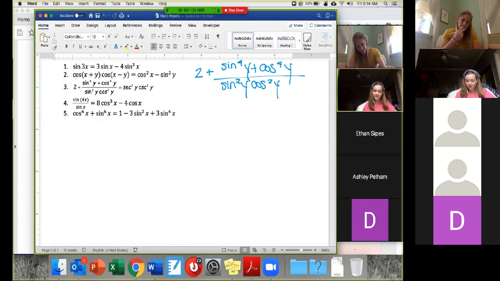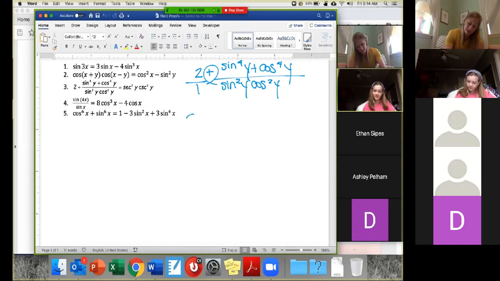Common denominator. And that's a really good thought, because this has a plus sign in 2 terms, and my answer has technically one term, because they're multiplied together. And that's exactly what you want to do. So currently the 2 is over 1. If you want to get a common denominator, what do you have to multiply that left fraction by? Sine squared, cosine squared, top and bottom.